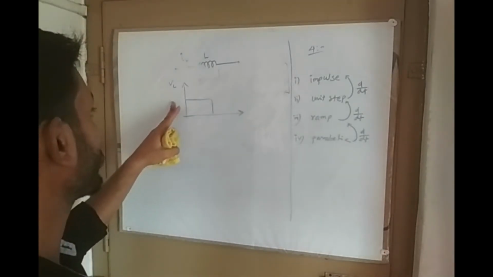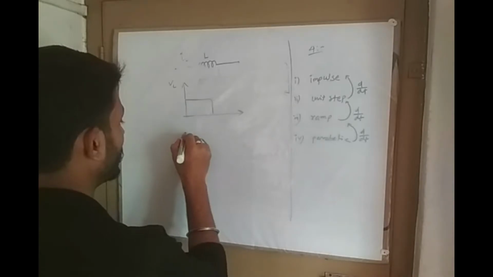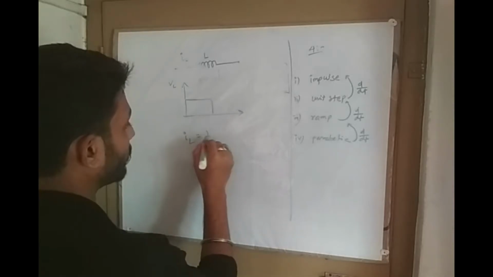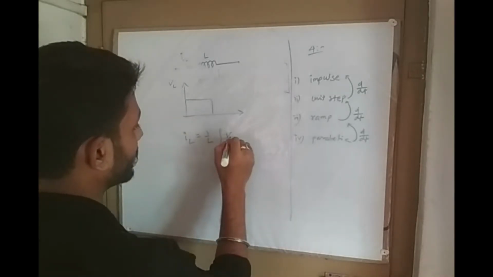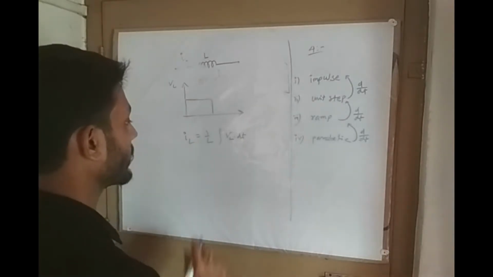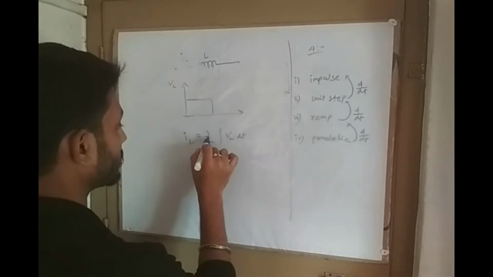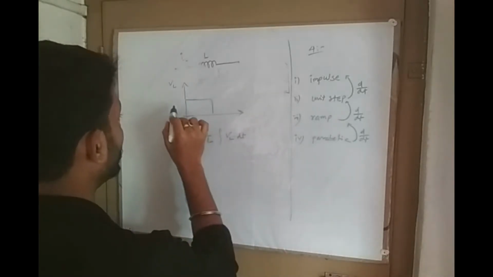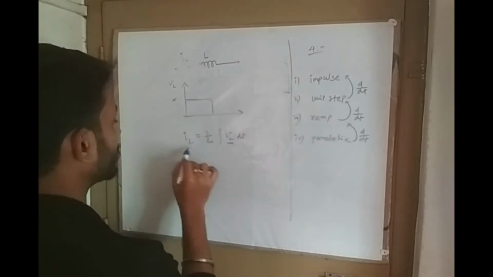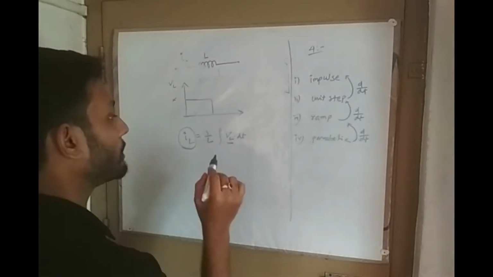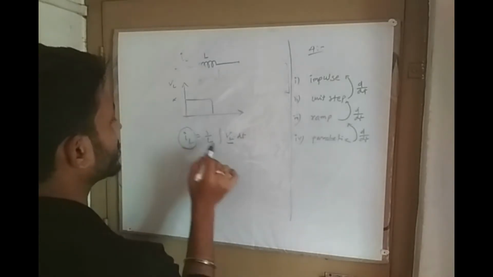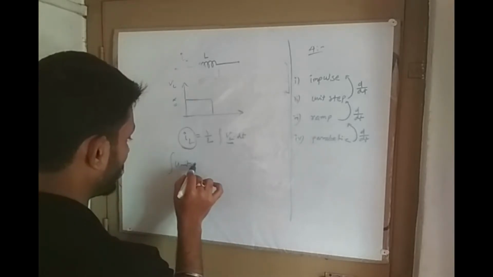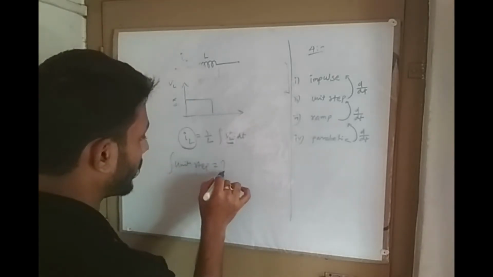It is clear here. If we have to find the IL value, then IL equal to 1 by L integration of VL dt. So here also L is constant. So irrespective of the magnitude value, if we can integrate this VL signal, then the wave shape of IL we will get. Integration of unit step, what will be?